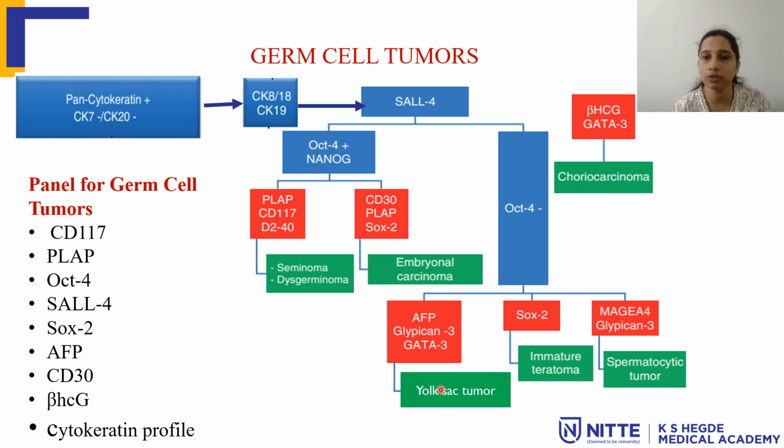If it is yolk sac tumor, it will be positive for AFP. Beta HCG will be positive in choriocarcinoma. So dysgerminoma will be PLAP and CD117, D2-40 positive, embryonal carcinoma CD30 positive, yolk sac tumor AFP positive, then choriocarcinoma beta HCG positive.